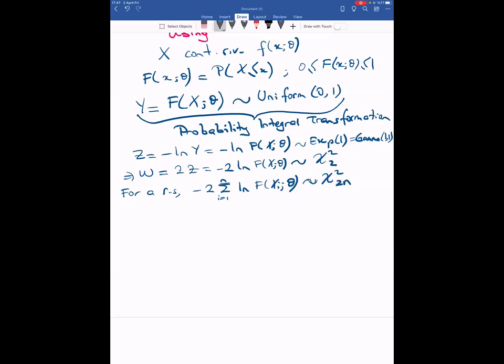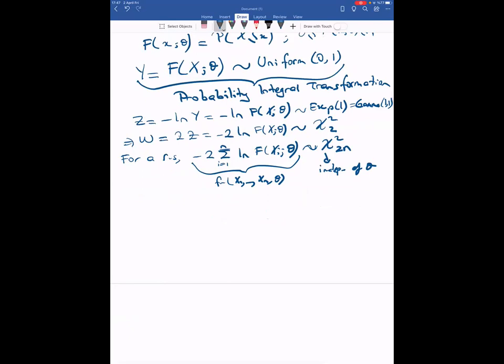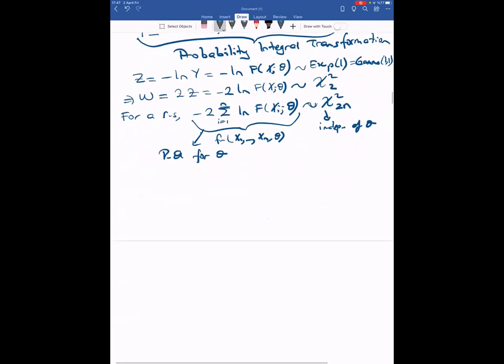Now we have a function of some random variables and theta, and its distribution is independent of theta. So this quantity is a pivotal quantity for theta. Then we can easily derive confidence intervals using this pivotal quantity.